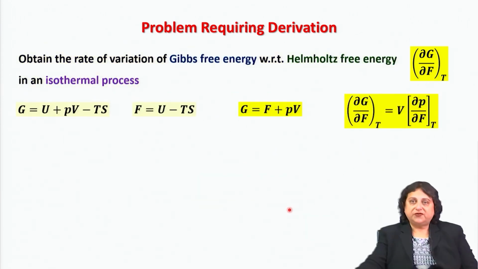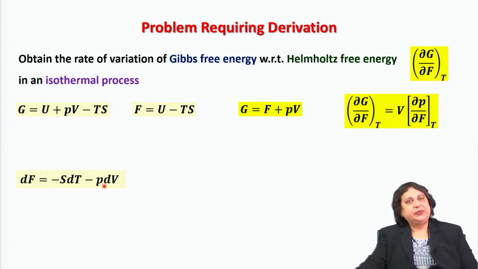So, the solution of this problem now amounts to our success in finding out this particular derivative. Let us see what we can do about it. dF is equal to minus S dT minus P dV.